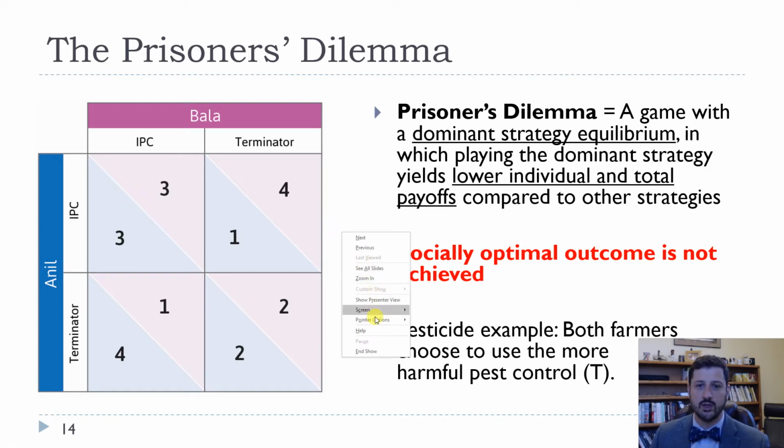And so again, we can go through our example and figure out what the Nash equilibrium is. So if Bala uses integrated pest control, then Anil is choosing between 3 and 4. So 3 if he uses integrated pest control, and 4 otherwise. 4 is bigger than 3, so we underline 4. If Bala uses Terminator, and Anil uses integrated pest control, he only gets 1.